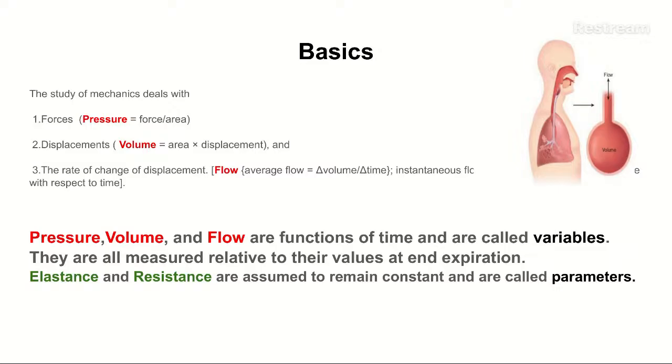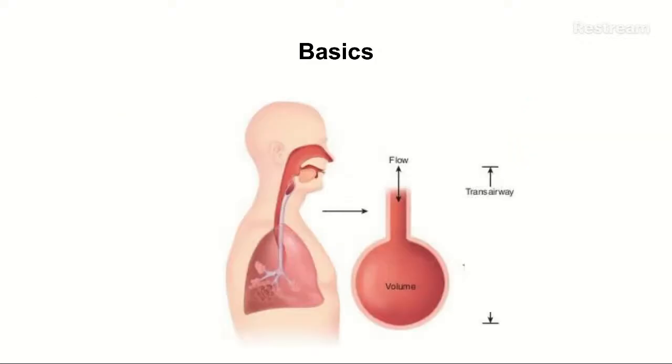Resistance is in the tubular structure or airway. So resistance goes up with secretions in the tube, or the luminal thickening of bronchial asthma, or spasm of the airway. So the ventilator counters only these two things. It's a simple machine. It does nothing more than that.